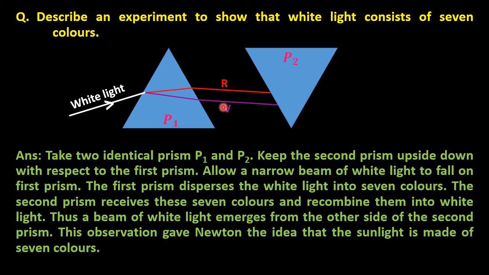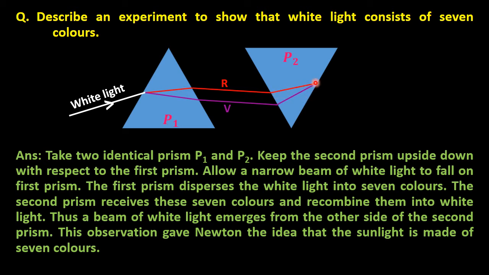The second prism receives these 7 colors and recombines them into white light. So what the second prism does is, it receives these 7 colors which are split by prism 1 and combines these 7 colors into white light.